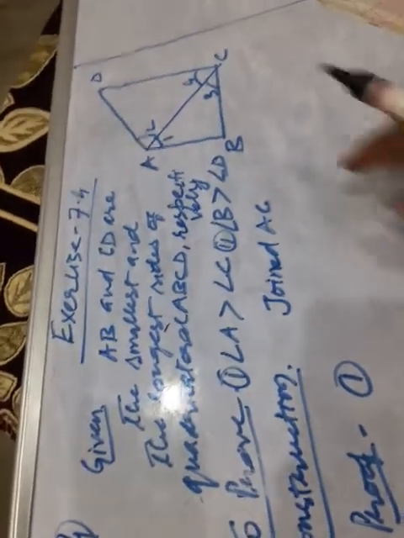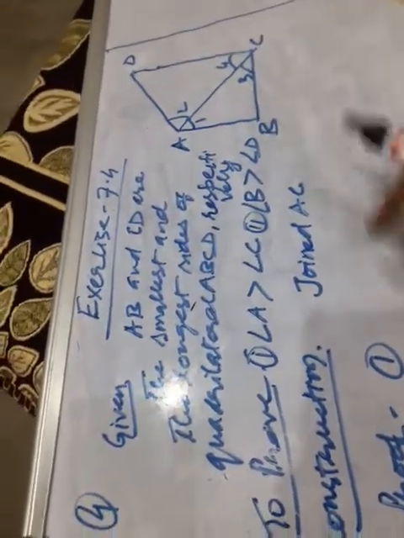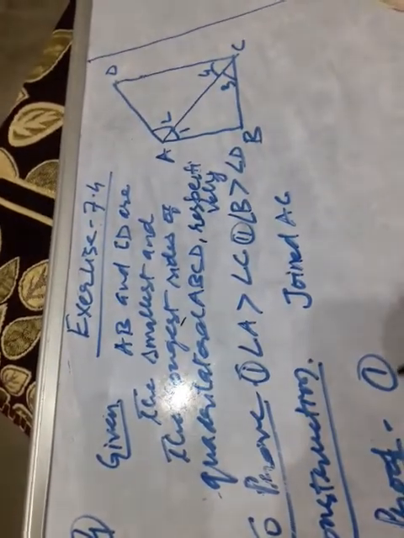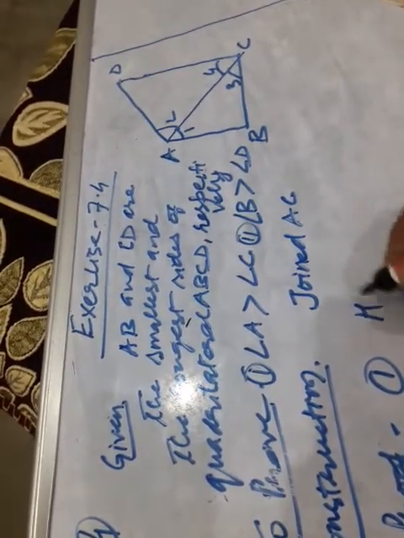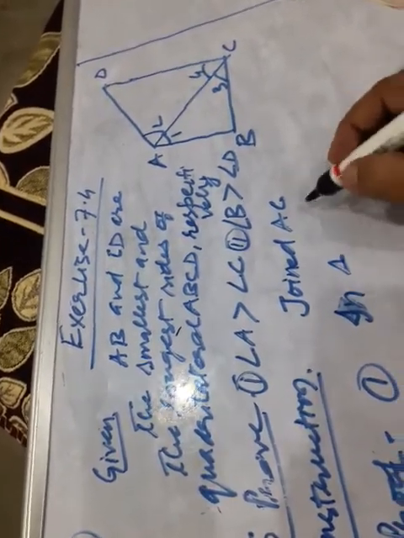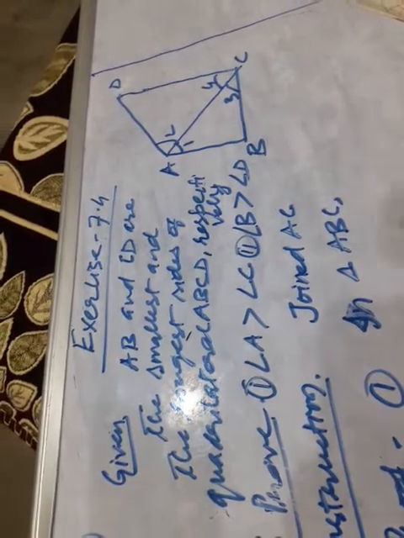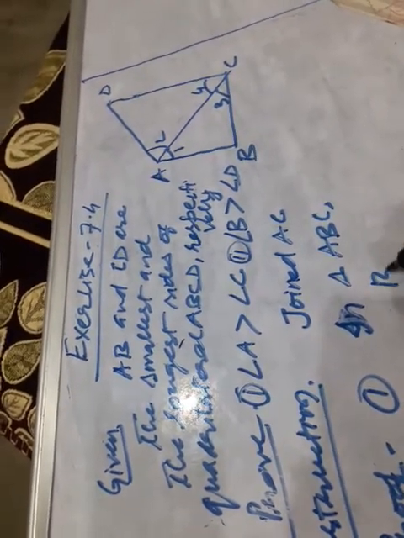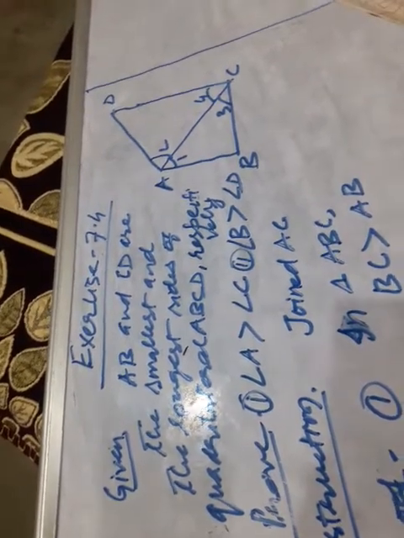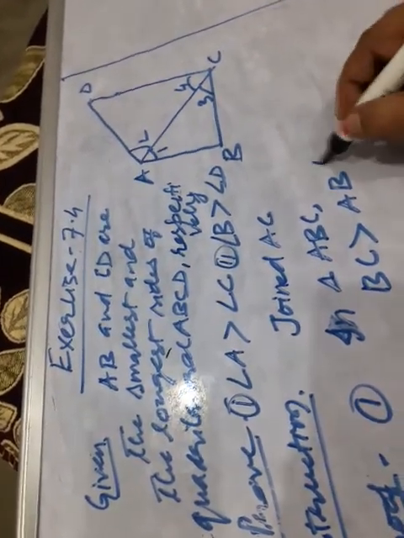See here, AB is the smallest side and CD is the longest side. In triangle ABC, BC is greater than AB. Why?